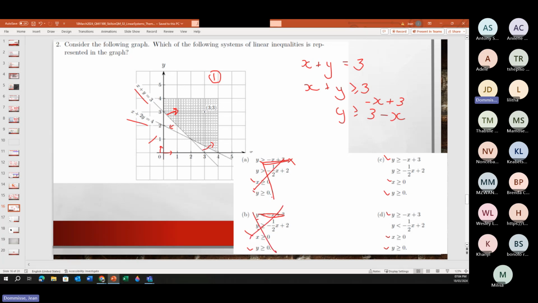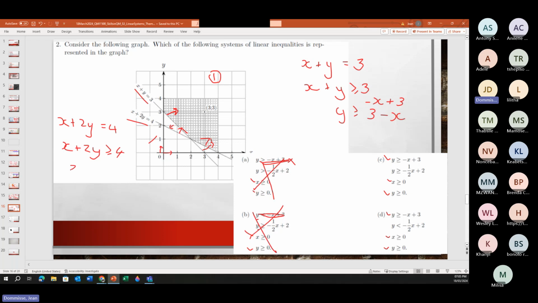Okay, so then the other equation was x plus 2y equal to 4. Again, we see in this, it must be bigger. The feasibility area shows that it must be above, so bigger or equal to 4.